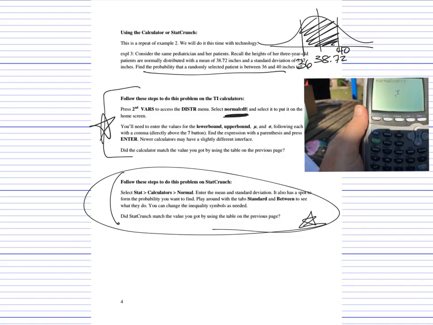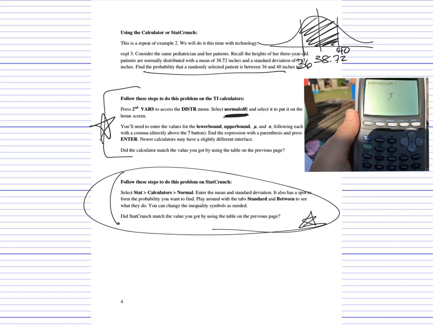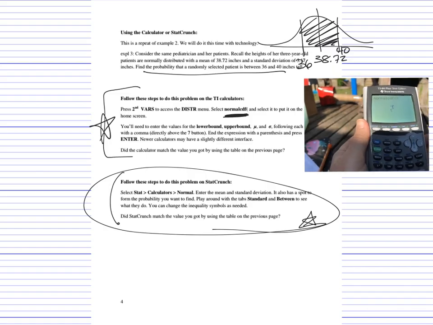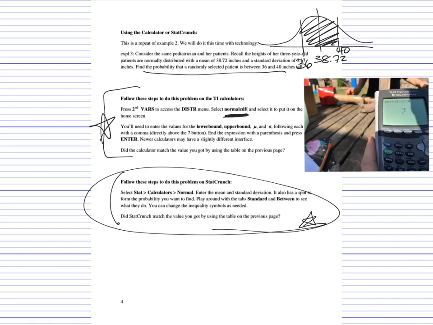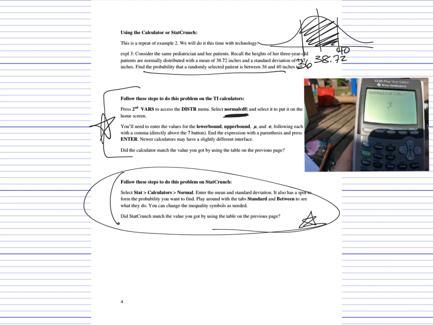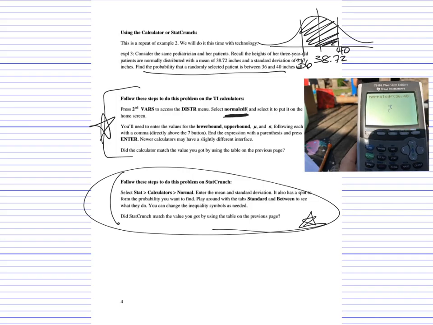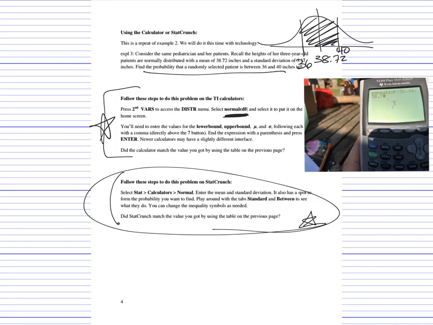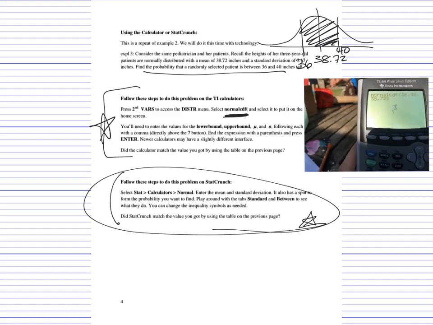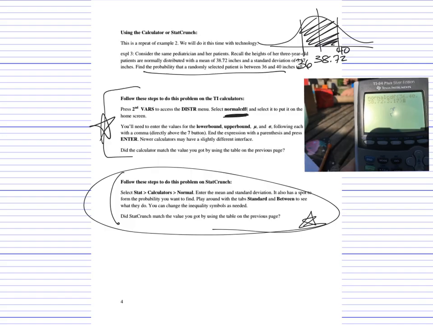I'm hitting enter. And then simply put, I'm going to put in my 36 and then a comma, my 40 and then a comma, the mean of the normal distribution. Notice we are not standardizing this. We can put in the mean as it's given to us, and then 3.17 for the standard deviation.